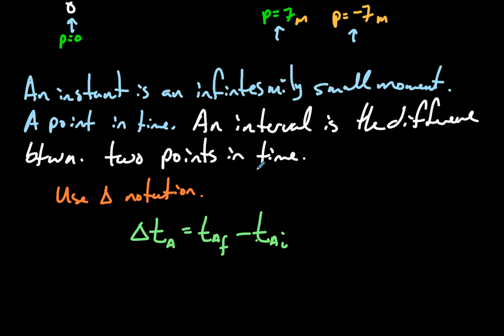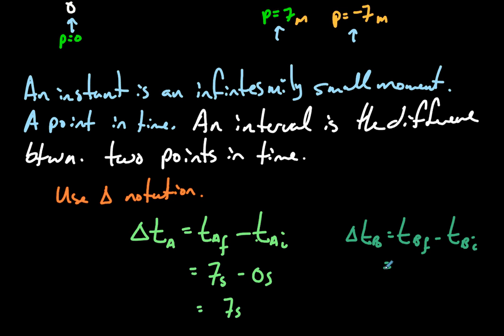So time-wise, this is a pretty easy one. It's just, my final is 7 seconds minus my initial, which was 0 seconds. 7 seconds have passed for interval A. Do the same thing for B, but you'll see a slight difference. We still can use the same type of notation. By the way, how we're actually writing this out might change depending on who your teacher is or where you take physics, but the concept is the same.